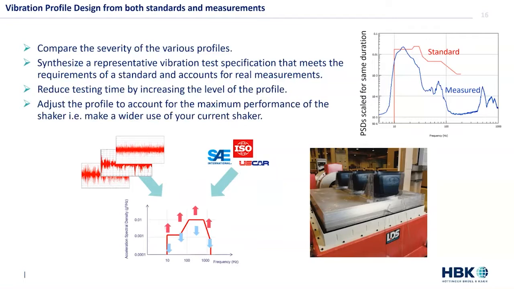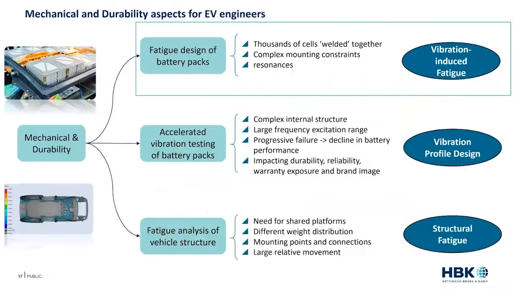So you make wider use of your current shaker. No need to go for big investments if you realize that you can change the test spectrum a little bit and get it to pass on your current shaker. So that was for the accelerated vibration testing.